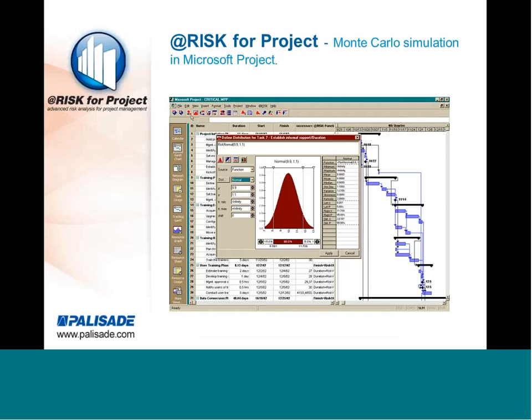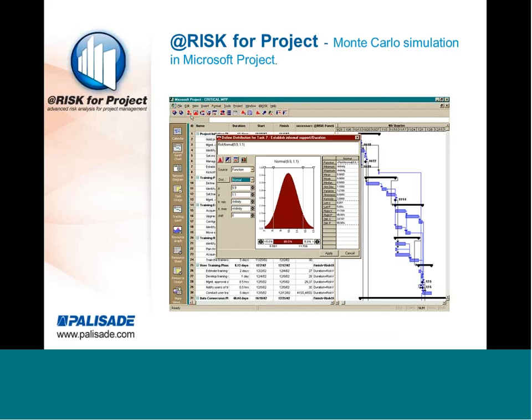A lot of times, if you go with a DecisionTools Suite course license, we will throw in an @RISK for Project license if you're interested in seeing it. In version 6.0, which will be released in the fall, we're going to integrate @RISK for Project into our DecisionTools Suite. So it's all going to be one super package.